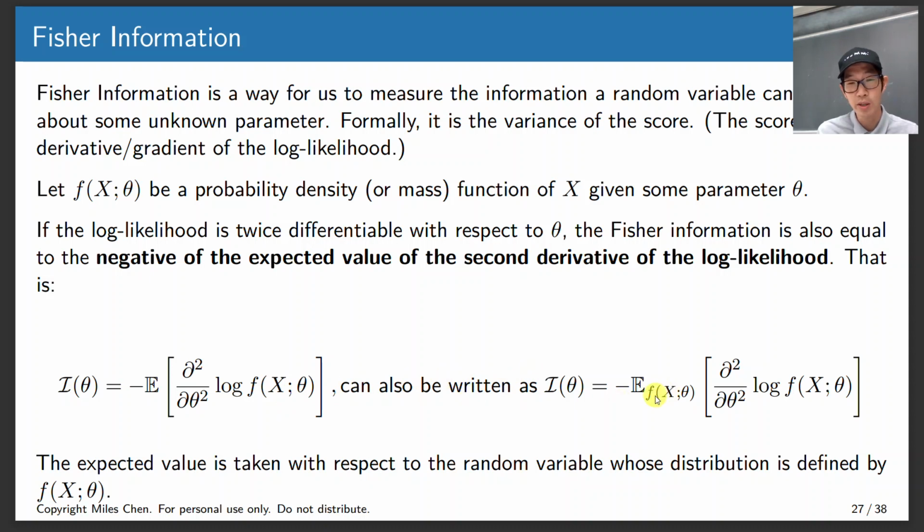We can also write it like this, negative expected value of f of x given theta. The expected value is taken with respect to the random variable defined by this function here.